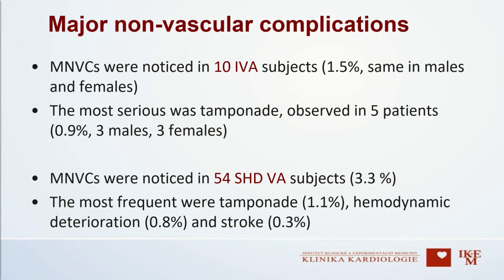And if you look at non-vascular complications, it's interesting that the rate of tamponade or perforation, because we practically never, with the guidance of intracardiac echo, you never have tamponade during the procedure, because you always see accumulation of blood and you do drainage before the patient has developed hypotension. So it was more or less around 1% in both groups of patients.